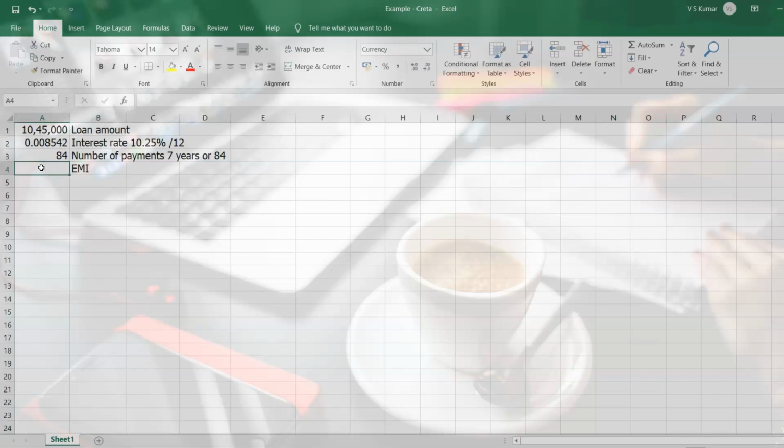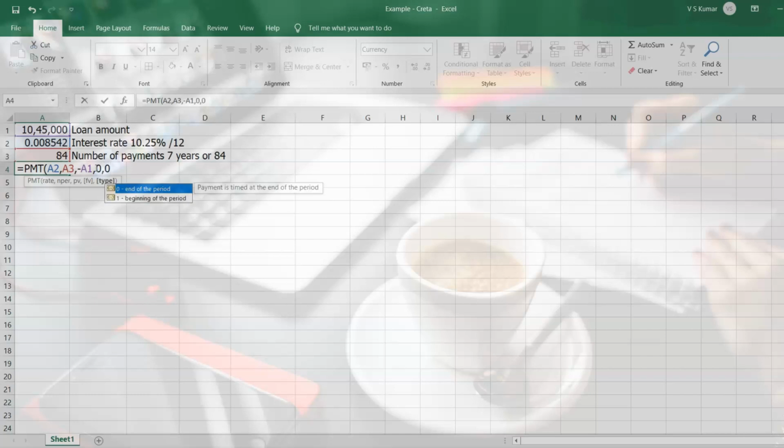And EMI is to be calculated using the PMT function of MS Excel. PMT, rate, comma, Nper is the number of payments, and the loan amount is in cell A1, to be entered as minus, as present value, future value is 0, and type also to be entered as 0.